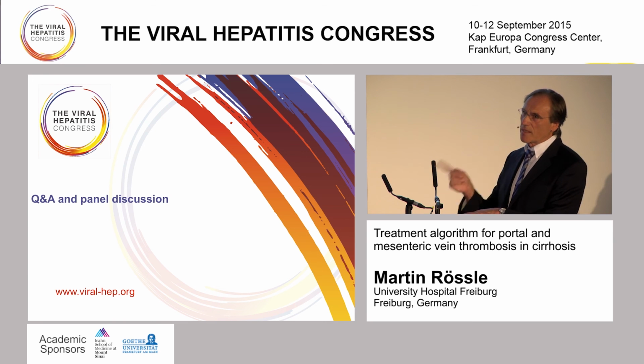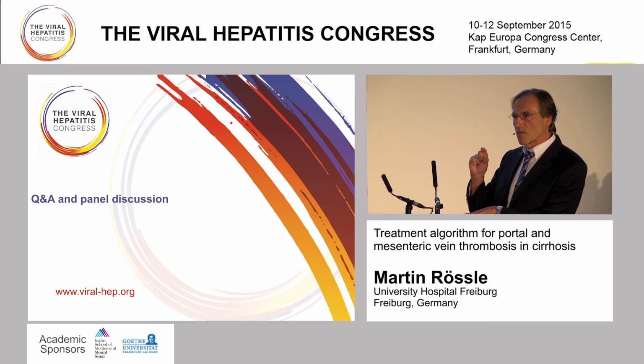And if you do that in a cirrhotic patient, you have to put the patient on anticoagulation. I think with the beta blocker, the effect is so minimal that you may need 5,000 patients to show that the portal vein thrombosis is increased. You decrease the portal vein pressure with a beta blocker by about 1 to 2 millimeters of mercury. That's close to nothing.